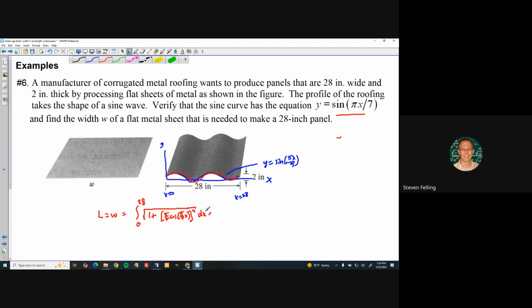And if you plug this into a calculator, you end up getting 29.361, and the units here would be inches because this is a length.